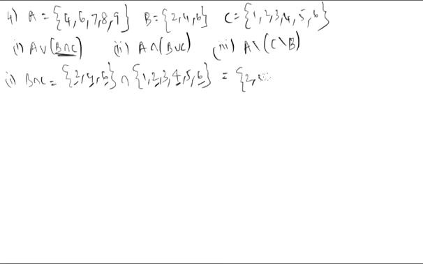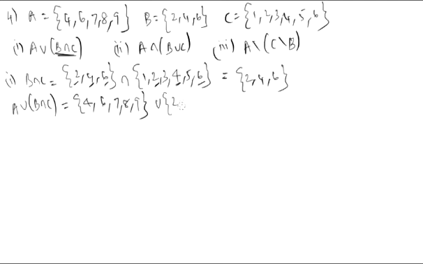So you have 2, 4 and 6 again, which is set B again. Then A union B intersection C: A is 4, 6, 7, 8, 9 union 2, 4, 6 will be 2, 4, 6, 7, 8, 9. Okay, this is the answer.